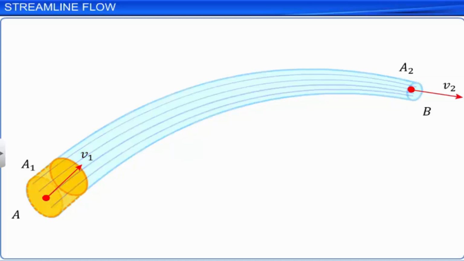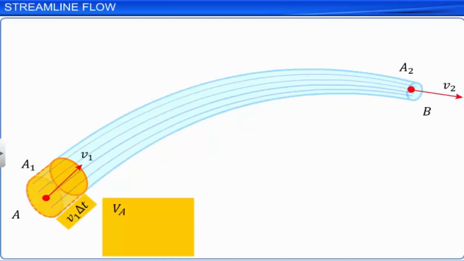Consider an incompressible, irrotational, and non-viscous fluid flowing in a streamline flow in the tube. To find the volume of the fluid, VA, going into the tube with the velocity V1 through the cross-section A in time delta t, consider a small cylinder of length V1 delta t.